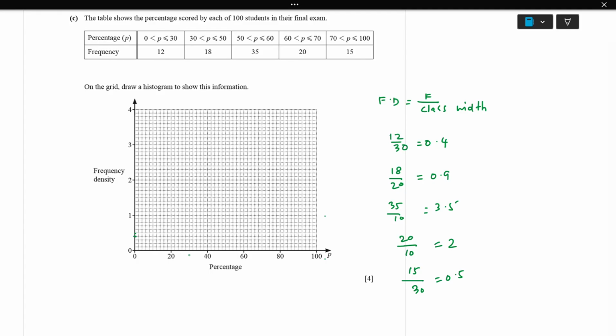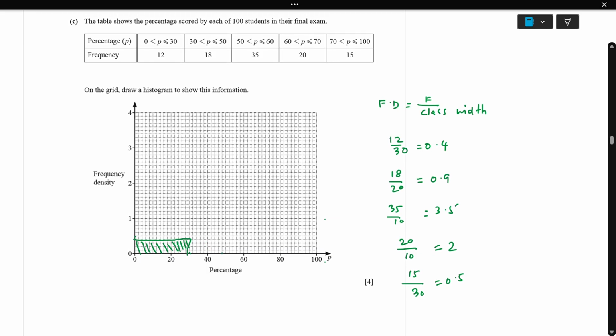So 20, then 30. Okay, so we draw here. This is the first part. Next one is 30 to 50. So 30 to 50 is here, going to be 0.9, which is until here.